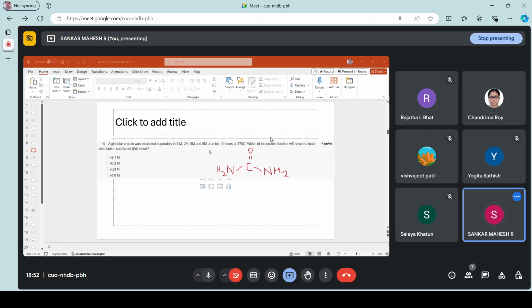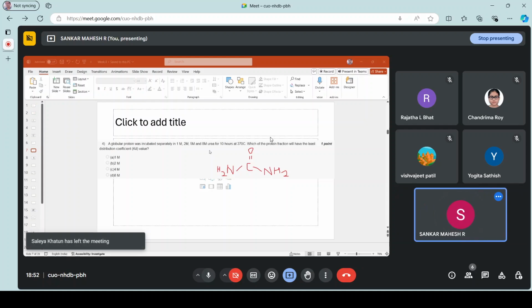Okay. Now, for most proteins, the concentration that we use in lab is 8 molar urea to completely denature proteins, meaning every single molecule in solution is now linear.